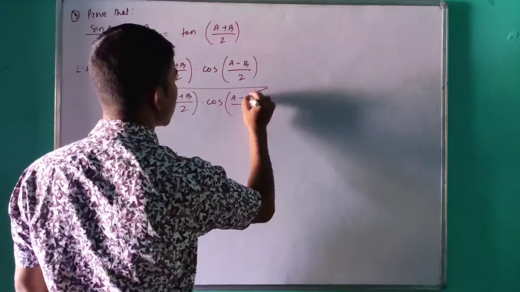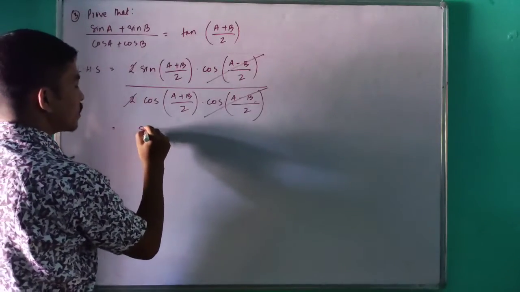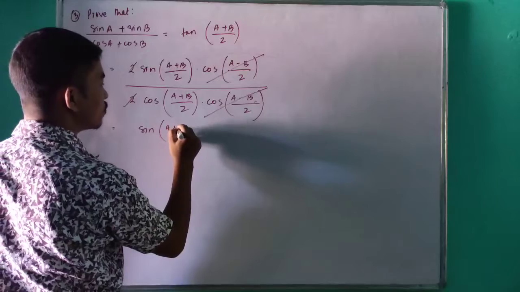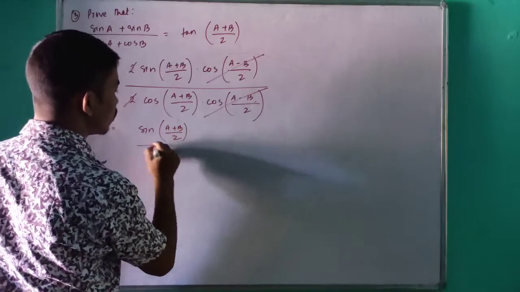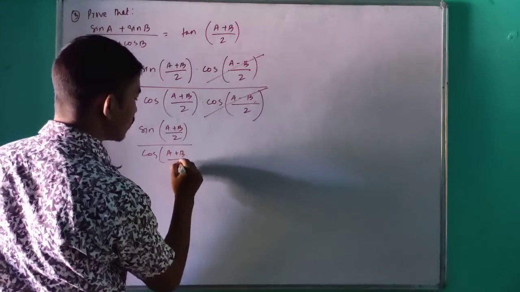Okay, so here you see that these two cancel, the 2 also gets cancelled, and then I have sin of a plus b divided by 2 whole divided by cos of a plus b divided by 2.